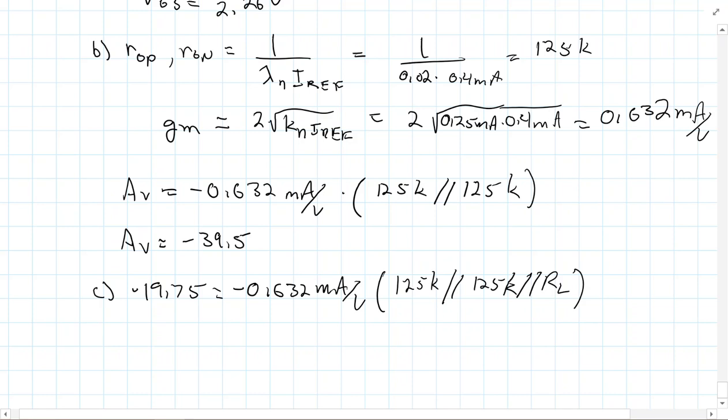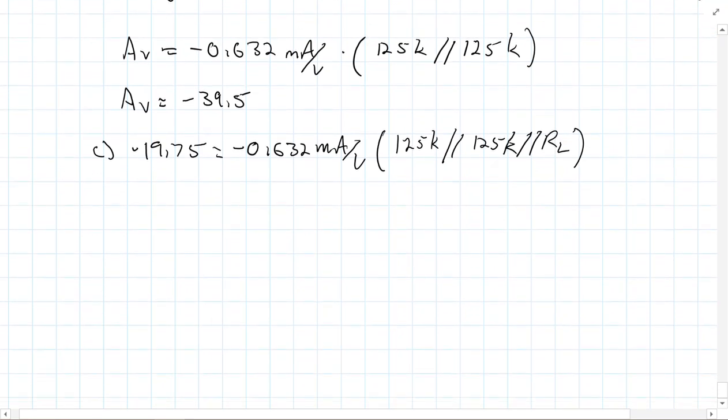And then we solved one like this with the bipolars in another video. It's the exact same. So let's just go ahead and do that. So we get 31.25K has to equal 125K in parallel with 125K in parallel with RL.